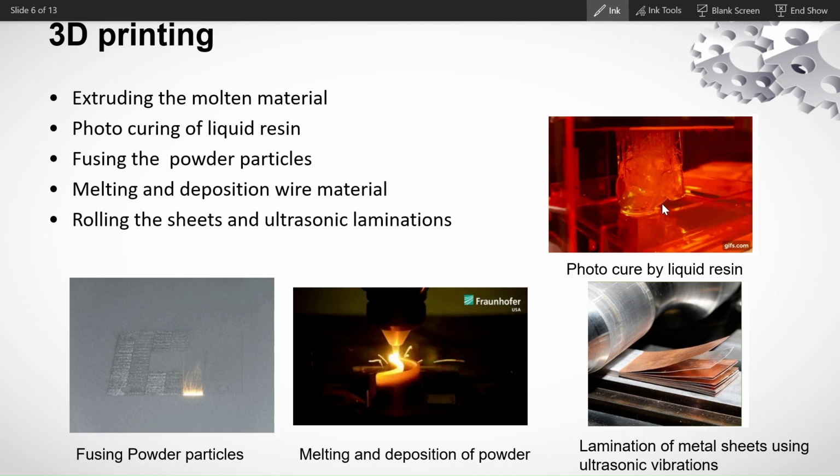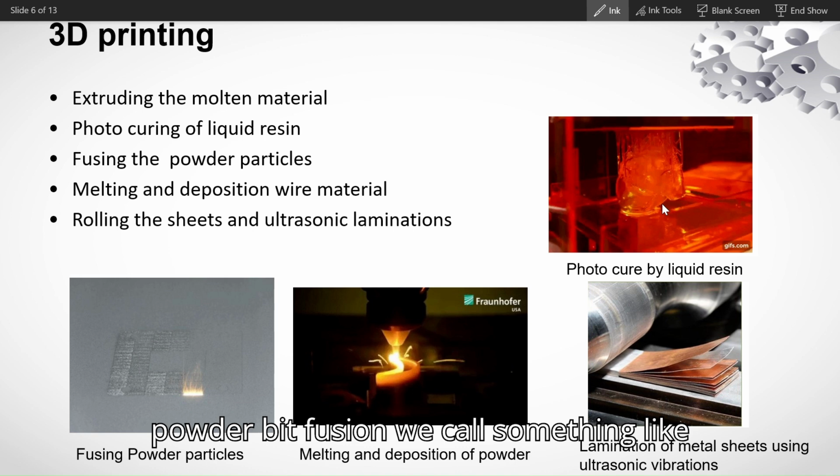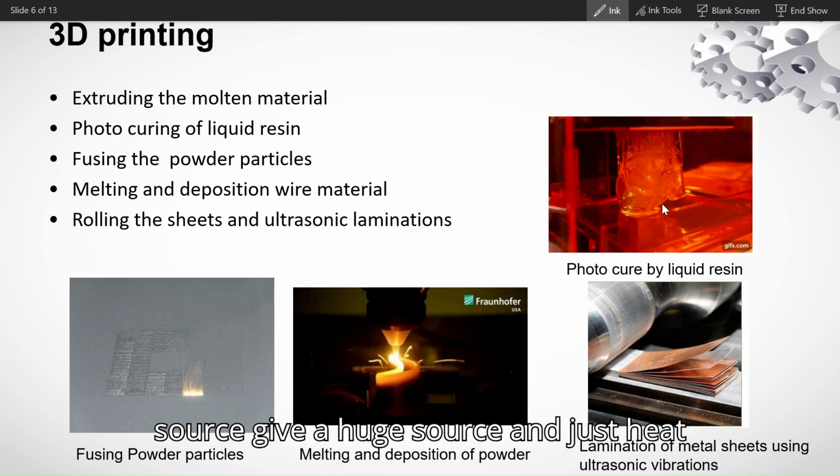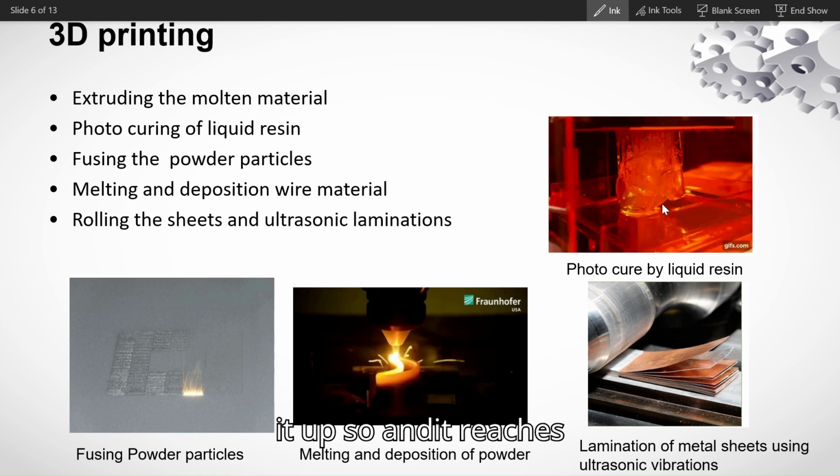Then there is powder bed fusion, where there are powder particles, let's say metal particles in powder form. We use a laser as a heat source and heat it up until it reaches the melting point at high temperatures. At that time the particles bond together. That kind of approach we use.